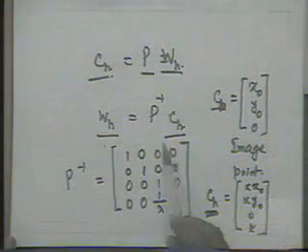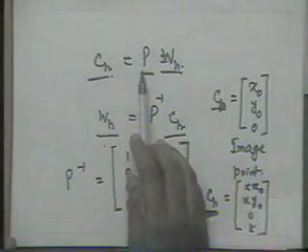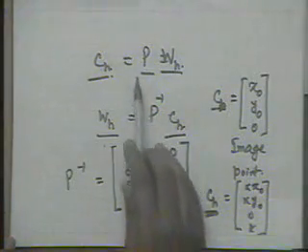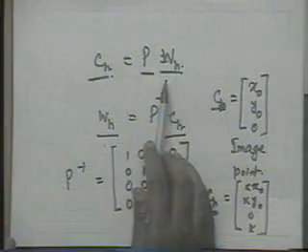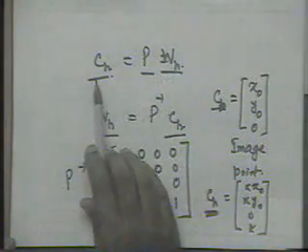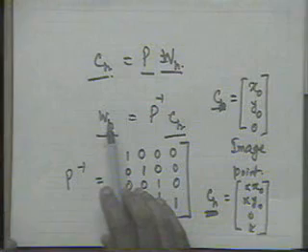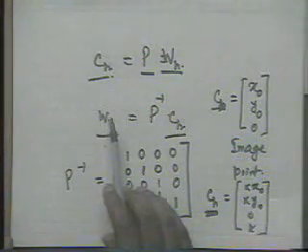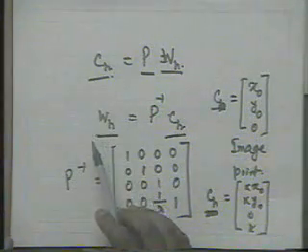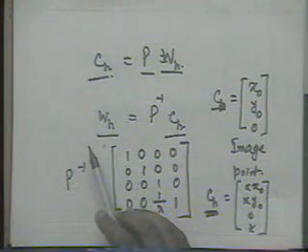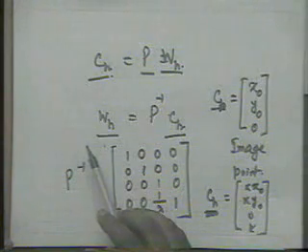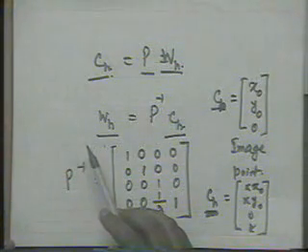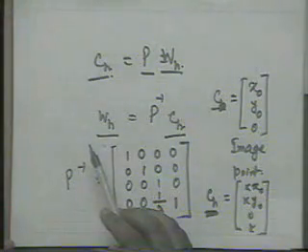And then the transformation matrix was P, and we were multiplying this transformation matrix with WH column vector in order to get CH as the transformed column vector, again in homogeneous coordinates, from which we could compute the x and the y coordinates for the image point. For a given point in the 3D space, that is to say in the world coordinates, we were finding the coordinates of the corresponding image point.